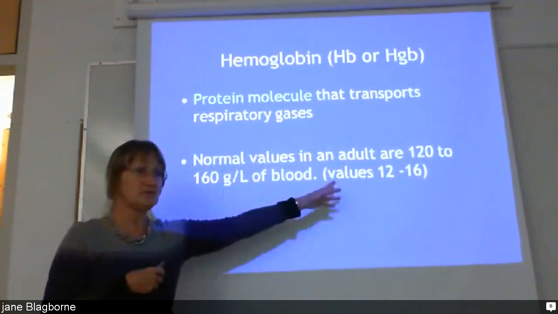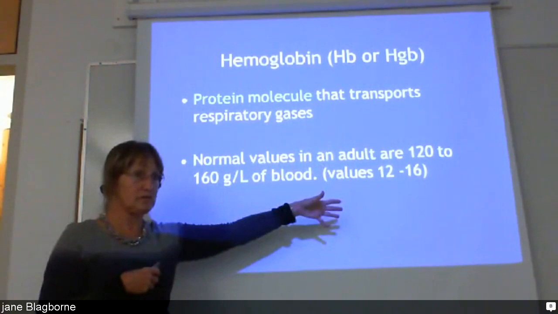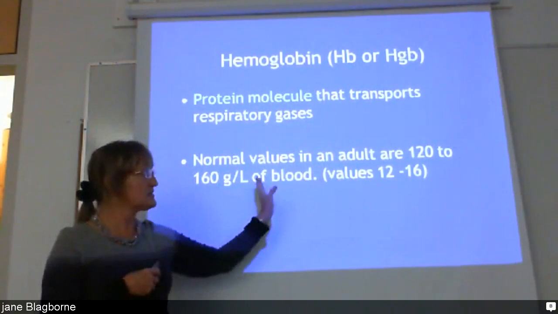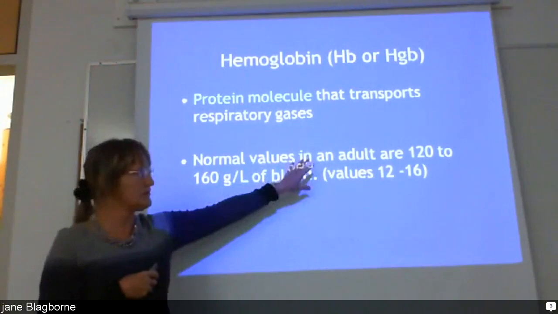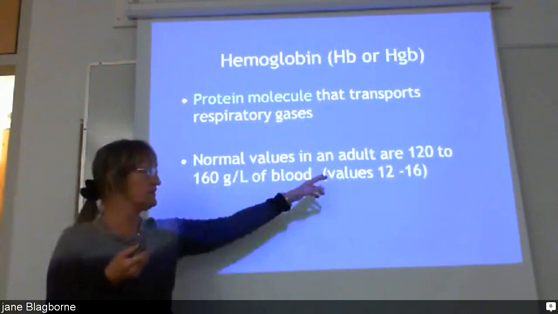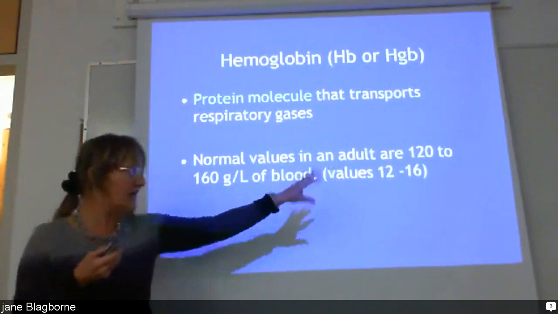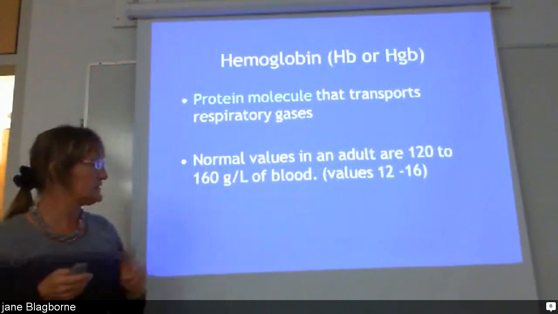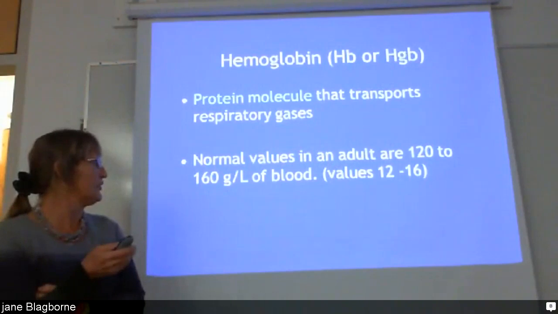We're 120 to 160 in Canada. So there's a bit of a difference. You won't be required to know that. But when you look at your lab values, they're not going to be in hundreds, they'll just be in double digits, not triple.